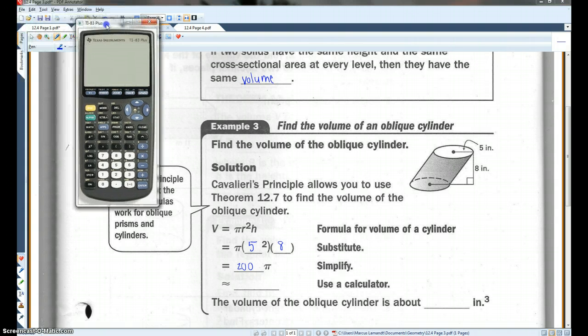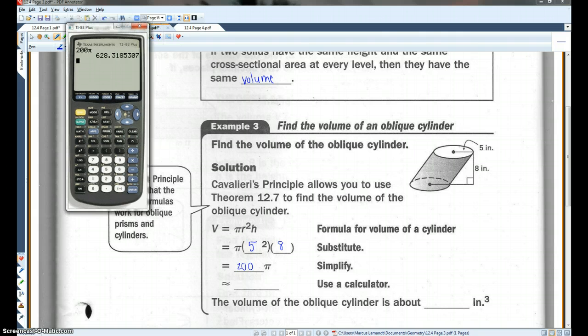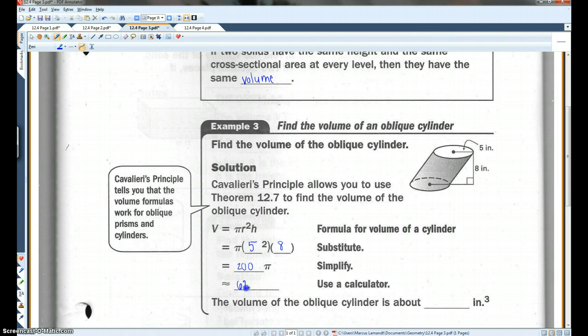Alright. 200 pi equals. Alright. 628.32. So, the volume of the oblique cylinder is about 628.32 inches cubed.